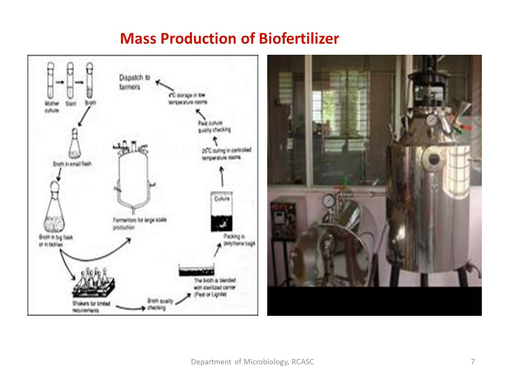Once again I will repeat how the mass production has to be done. From the mother culture, prepare a slant. From that slant, prepare a starter culture. Increase the volume of the inoculum from 50 or 100 ml to 1000 ml, and this 1000 ml of inoculum can be sufficient for the production of around 1000 liters of the biofertilizer.